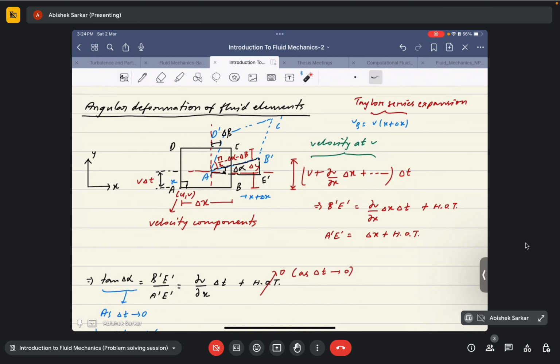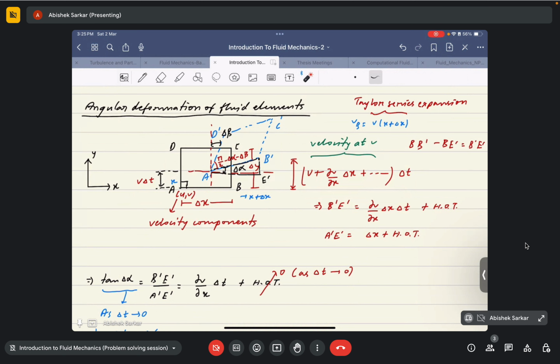Then the distance B E dash would basically be B B dash minus B dash, B E dash, right, would be equal to B dash E dash, right? Because we are interested to know about the angle alpha, if we consider this as a right angle triangle, and we know these two distances, say B dash E dash and A dash E dash, then we can easily find the angle alpha, right?